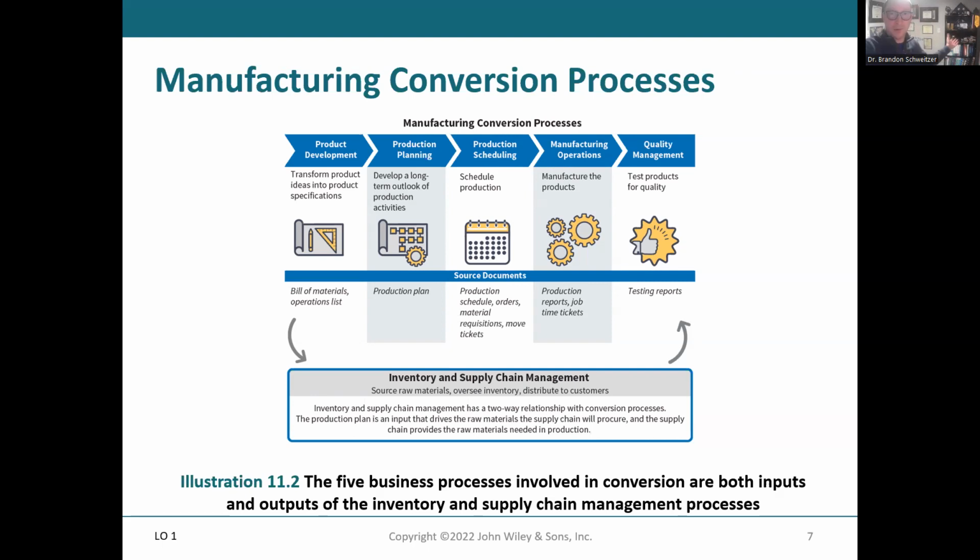Right? Through this movement, we can identify this manufacturing conversion process, right? Remember, we're taking raw materials, converting them into finished goods. So these are the 5 stages of the manufacturing conversion process.